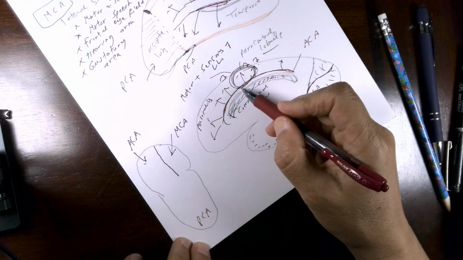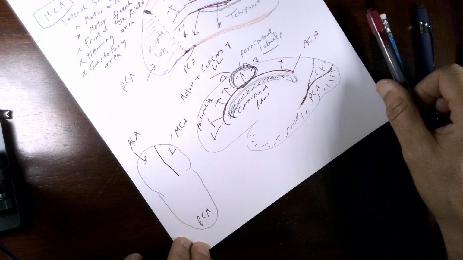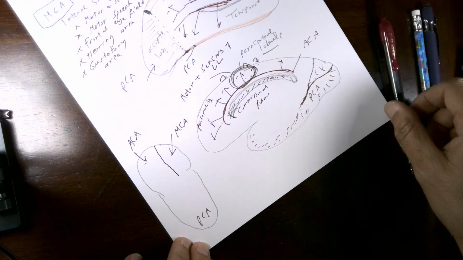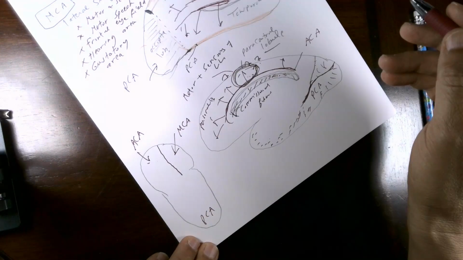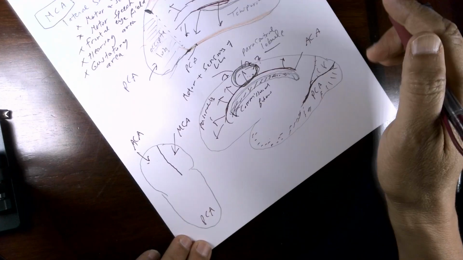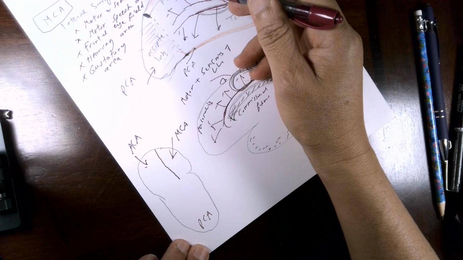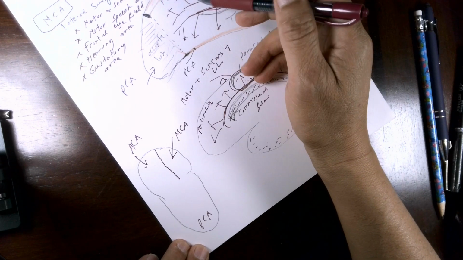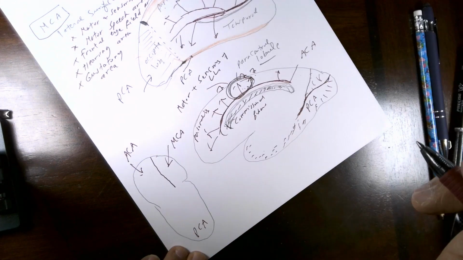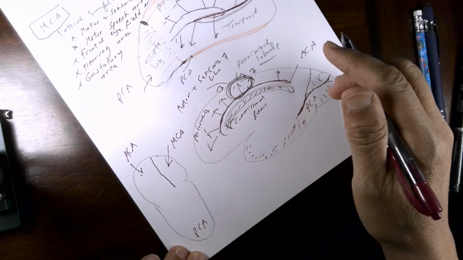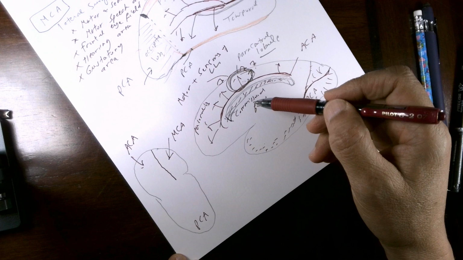In addition to that, there are penetrating or perforating branches: the striate arteries, medial and lateral. The medial comes from the anterior cerebral, the lateral from the middle cerebral, and those striate arteries are going to supply the corpus striatum and the internal capsule, and I will talk about that later on. So this is important information to remember.